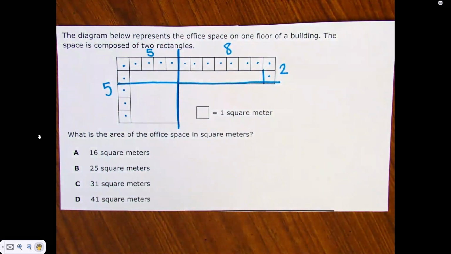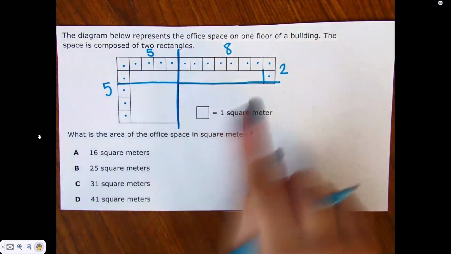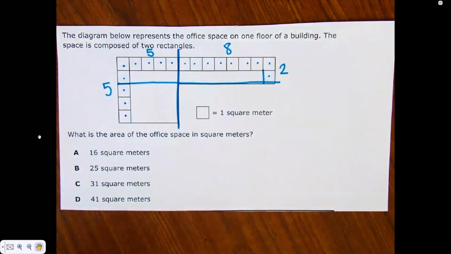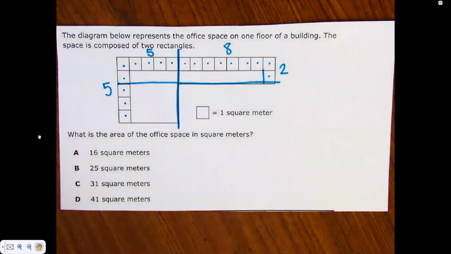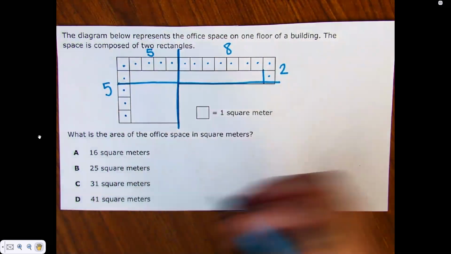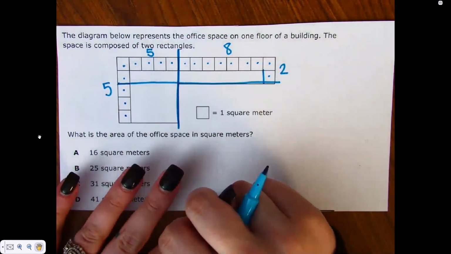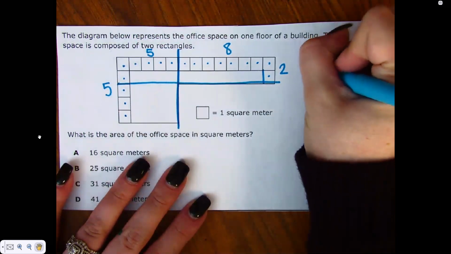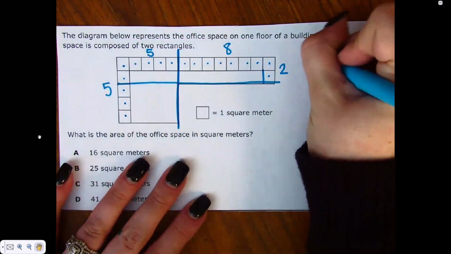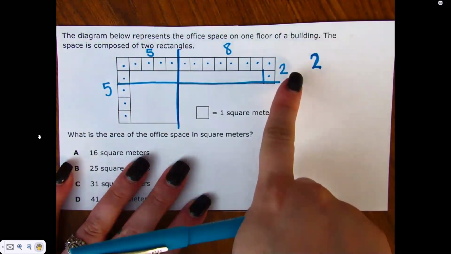Now what am I going to do? Isabella, now what should I do? You should multiply. Okay, what am I going to multiply? You're gonna multiply 2 and what?